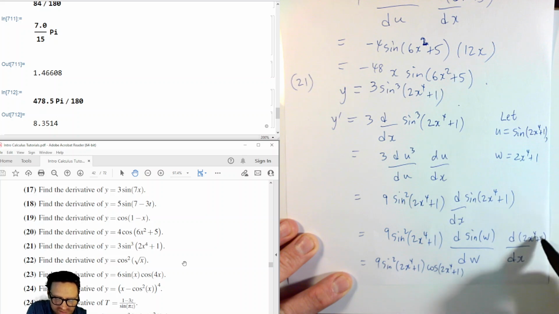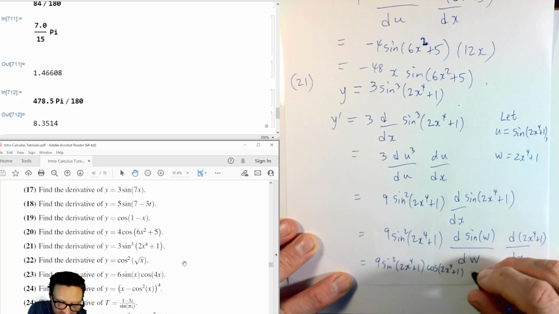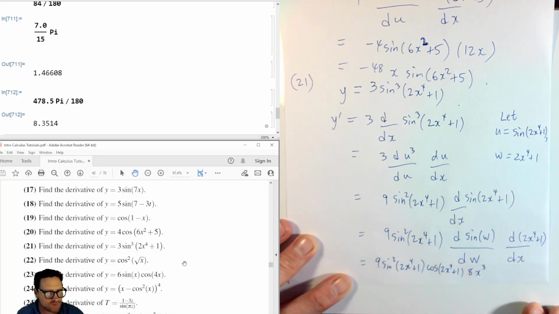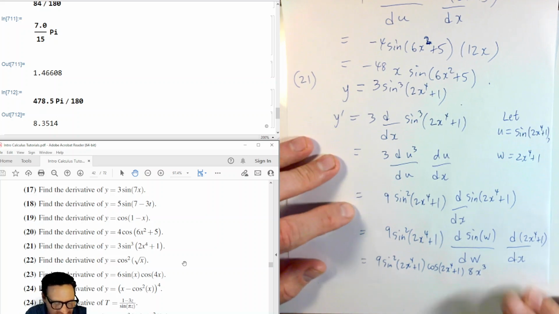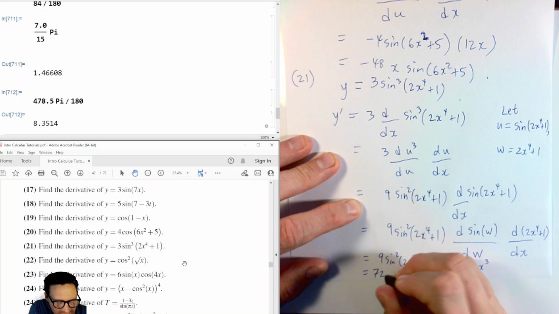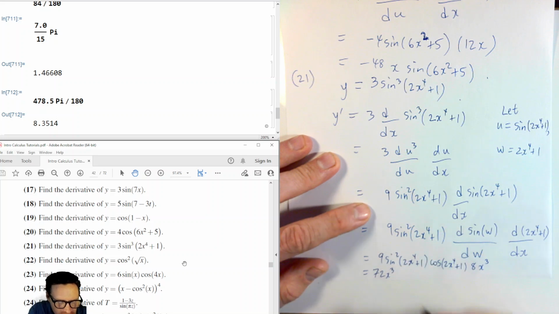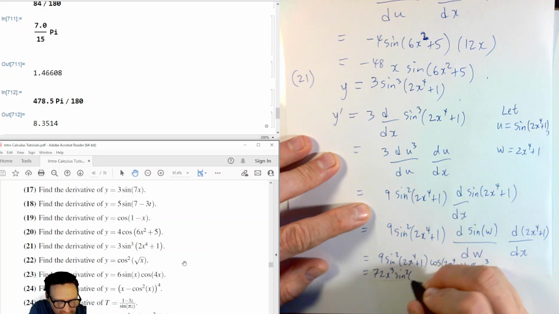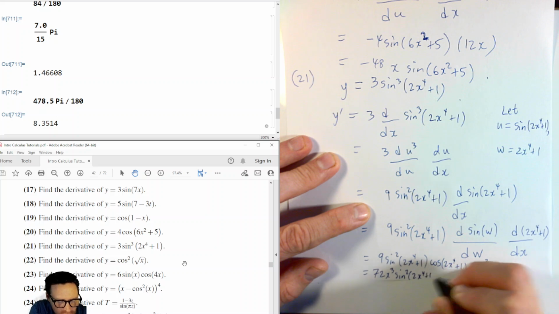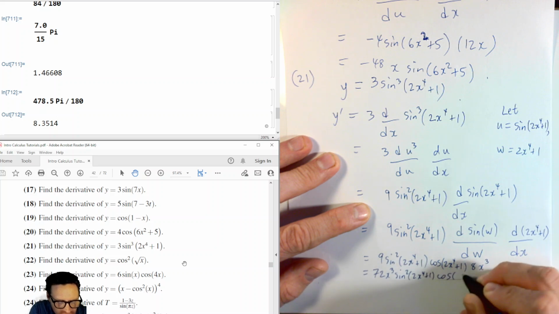And then the derivative of 2x to the 4th plus 1 is 8x cubed. And of course, 8 times 9 is 72, so we can express this as 72x cubed sine squared (2x to the 4th plus 1) cos of (2x to the 4th plus 1).